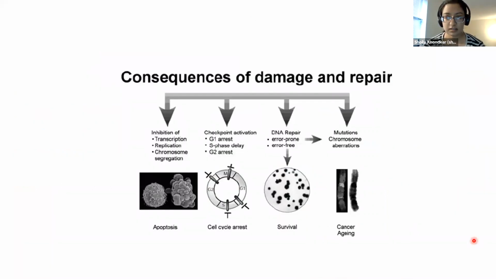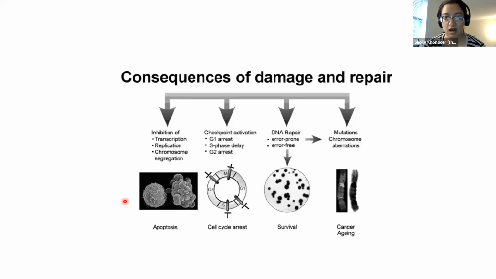And there are consequences to DNA damage and the response to DNA damage. Among these is inhibition of cell cycle progression. This can include inhibition of transcription, replication, and chromosome segregation, which can result in apoptosis, which is programmed cell death.